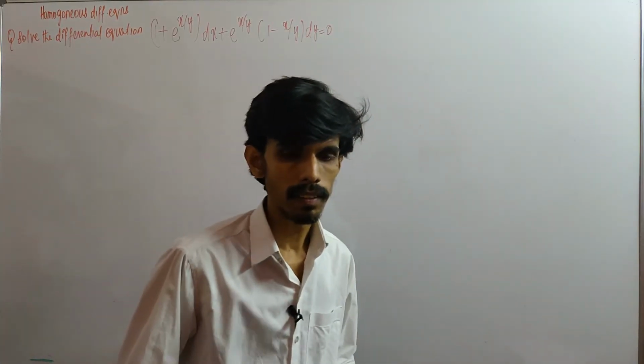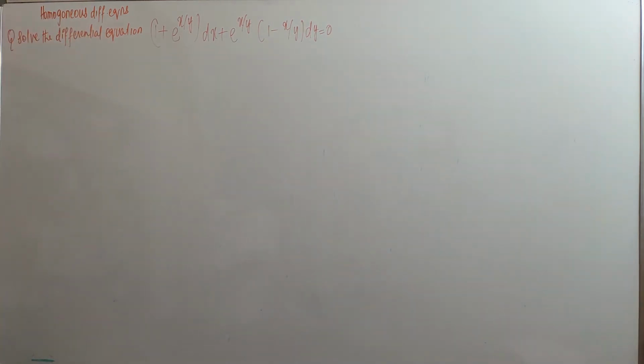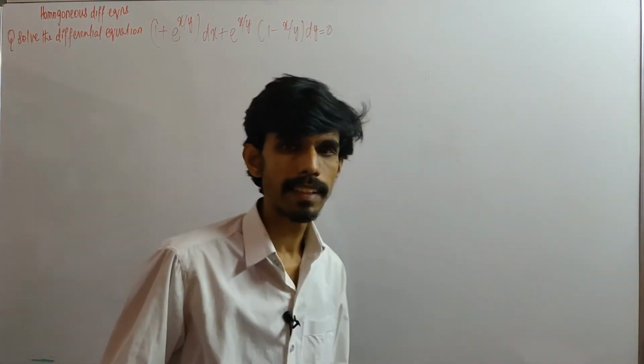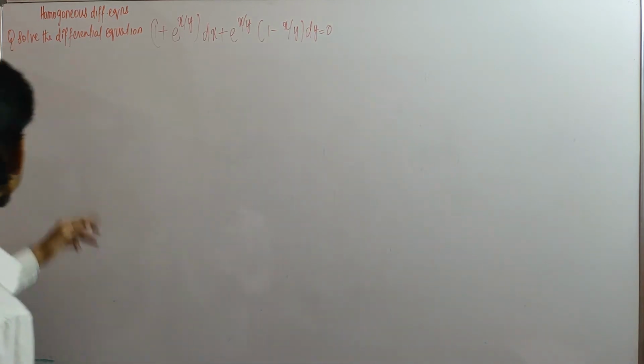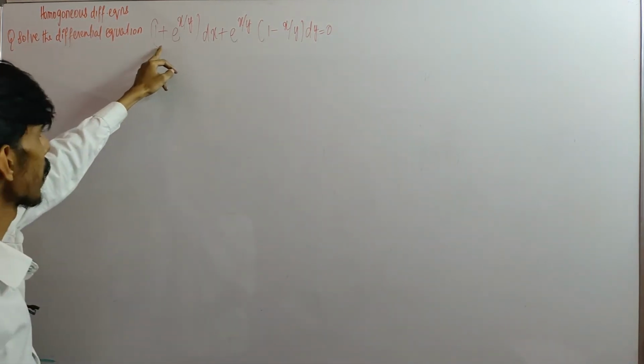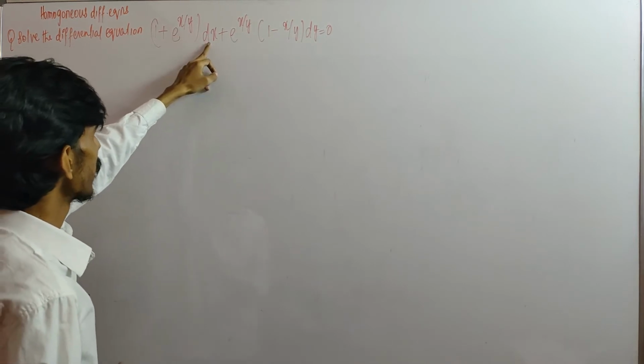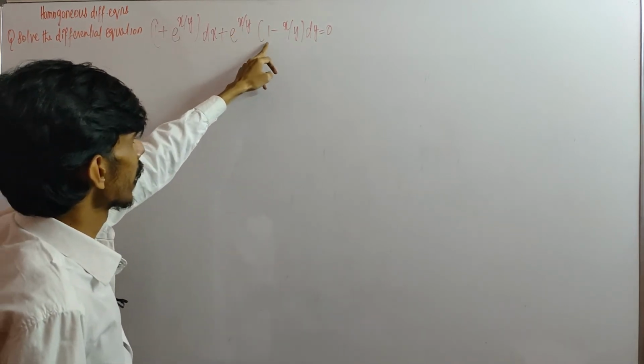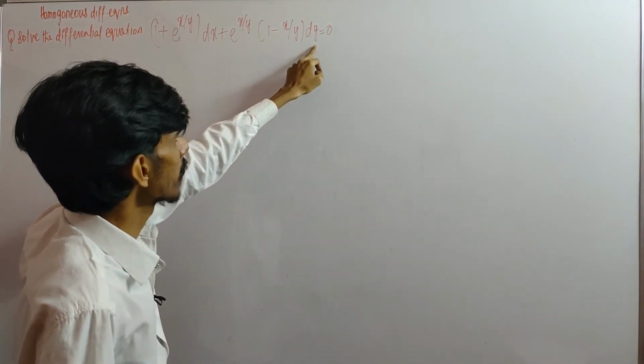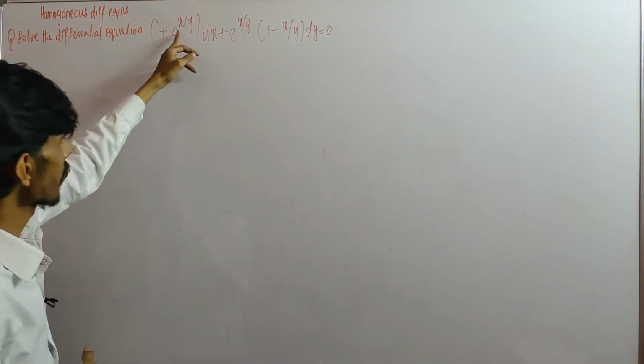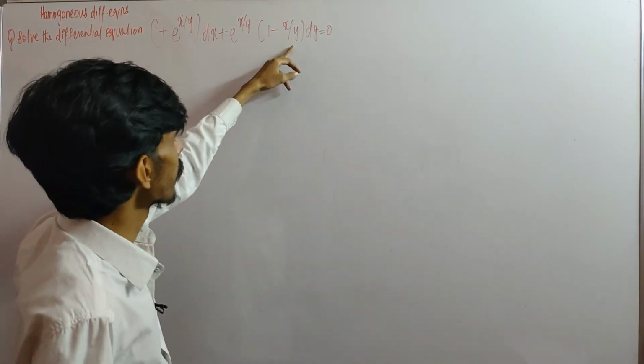Let us see the next question. Solve the differential equation 1 plus e power of x by y dx plus e power of x by y into 1 minus x by y dy equal to 0. Here we have x by y everywhere.